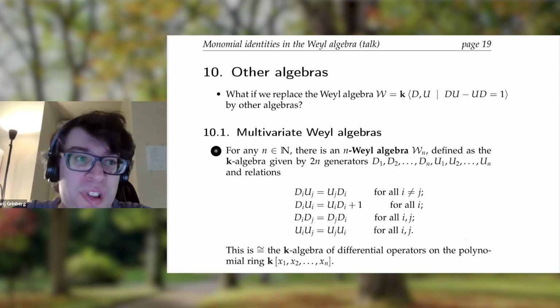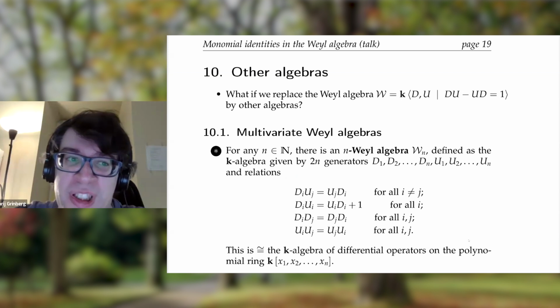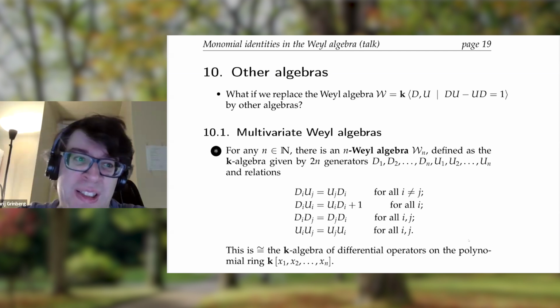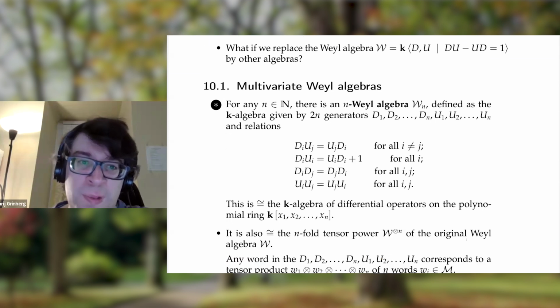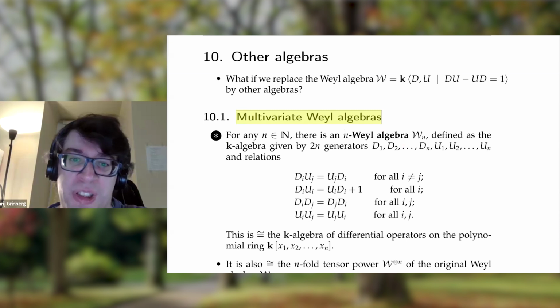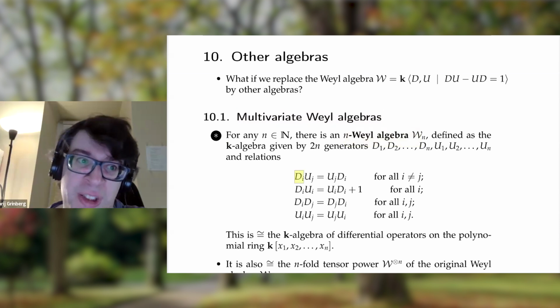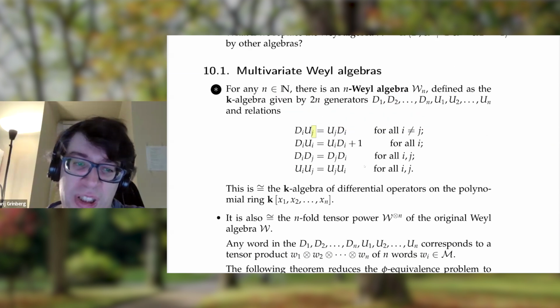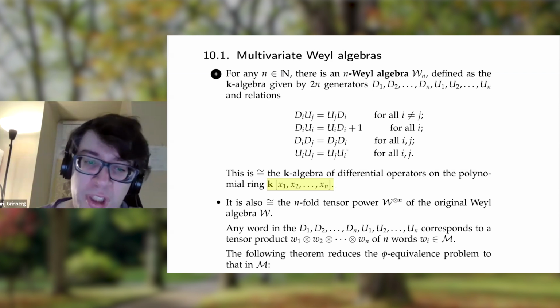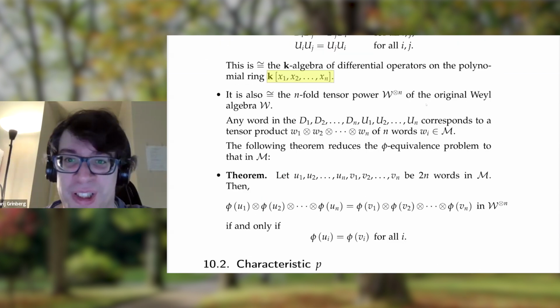But let me move on to something more exciting. Namely, let's replace the Weyl algebra by other algebras. Because basically we can ask the same question for any algebra with generators and relations. One form in which we can ask it is we can simply replace the Weyl algebra by a multivariate Weyl algebra with many d's and many u's. And this is simply the algebra of differential operators on a polynomial ring in n variables. Well, the answer is a little bit boring.